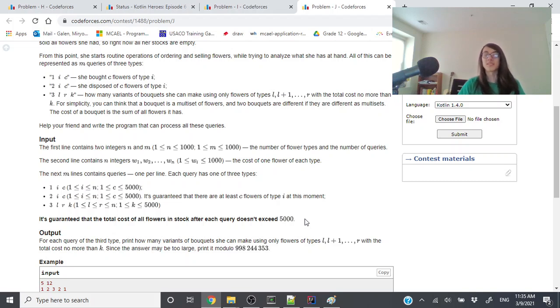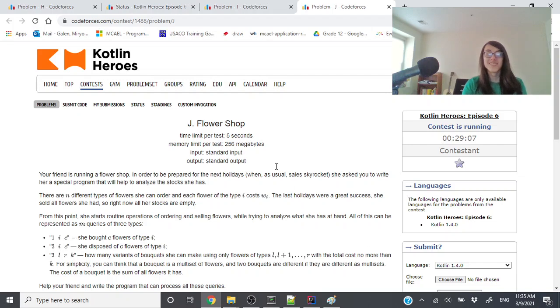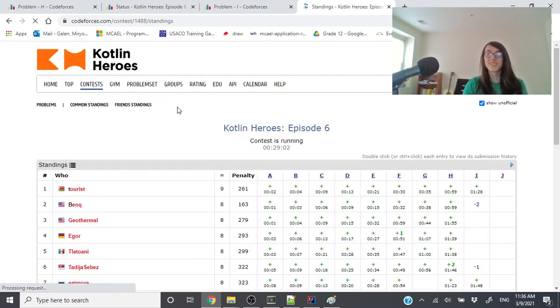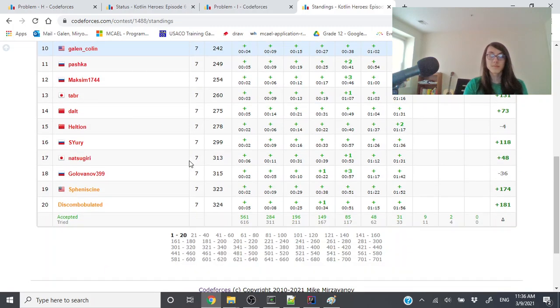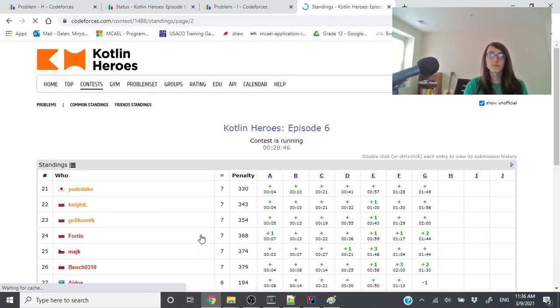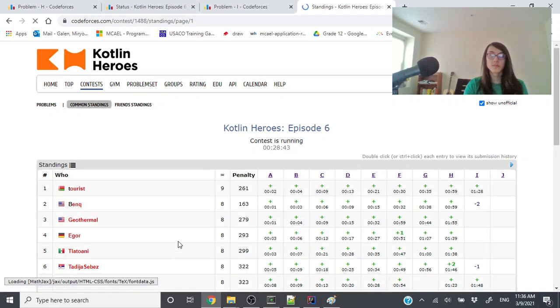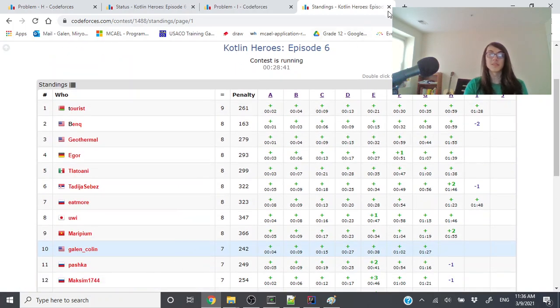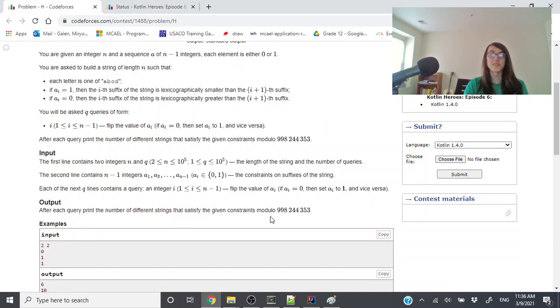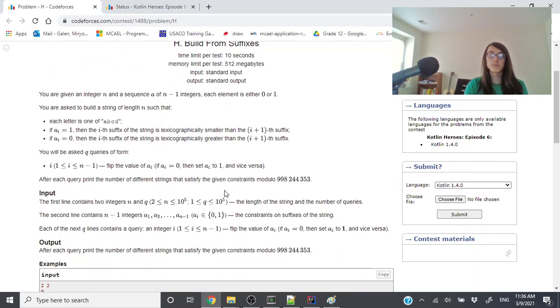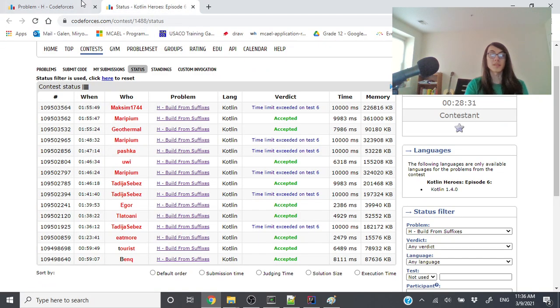So I guess this one's optimized knapsack somehow. Has anyone done this? Oh, even Tourist hasn't done it, so I guess that's not gonna happen. Seems like this is the best I'll do. You're not submitting for this. Wait, where's geothermals? Oh, he got it a while ago.